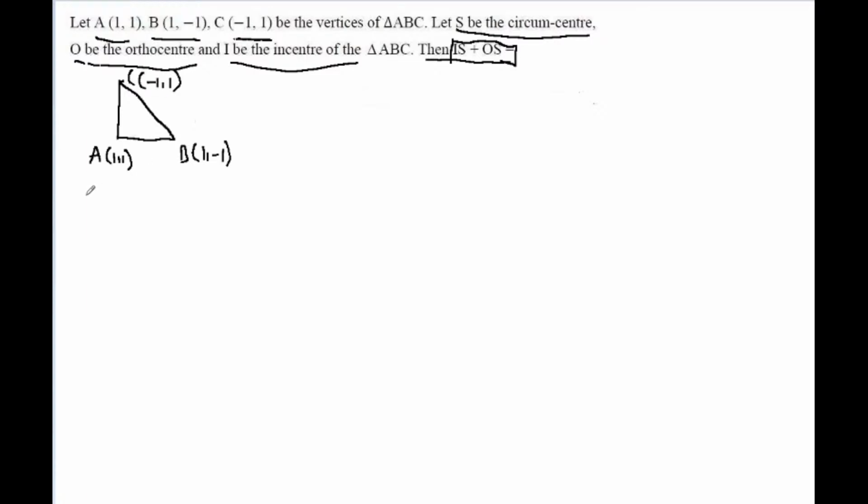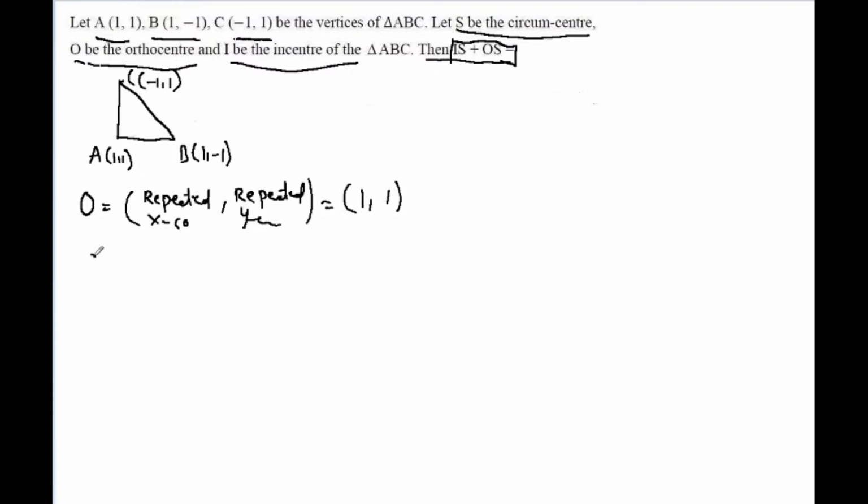First we find the orthocenter. The vertices form a right angle triangle, so the orthocenter is the repeated x coordinate comma repeated y coordinate, that is the repeated x coordinate is 1 and the repeated y coordinate is 1. So (1, 1) is the orthocenter of the triangle.